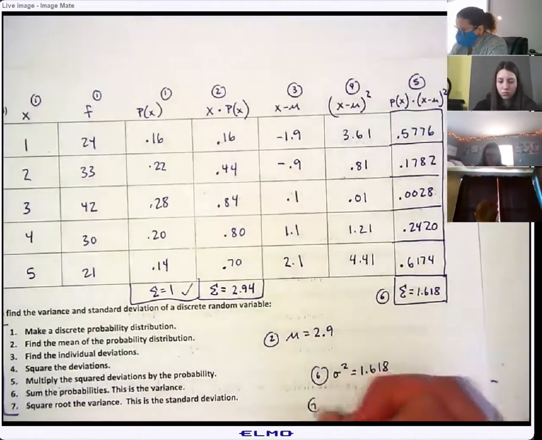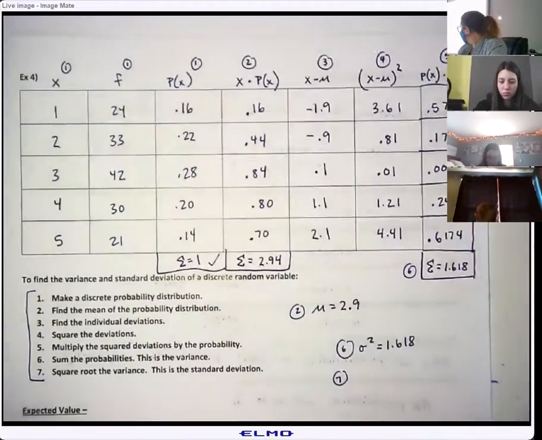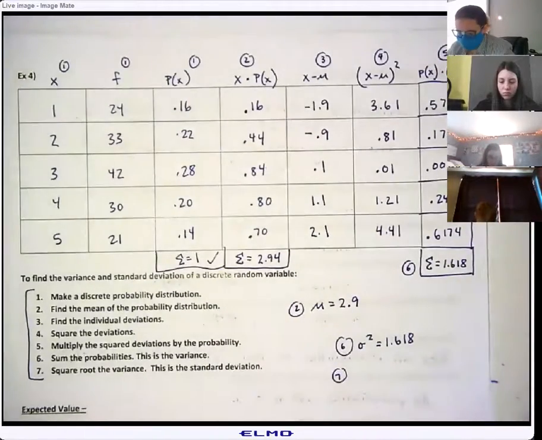And then how do we go from a variance to standard deviation? Well, unsquare it. Square root, yep. Unsquare it. You're right.